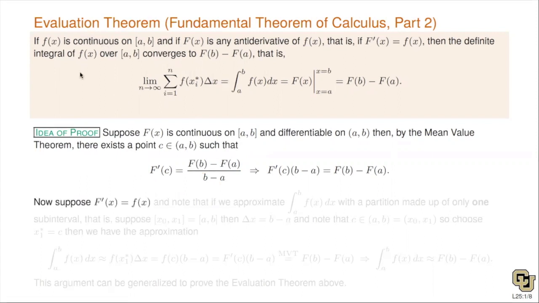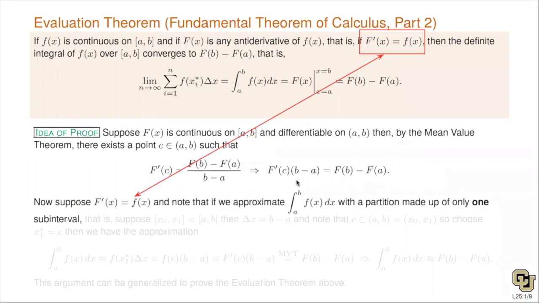So remember here, capital F is assumed to be an antiderivative of little f. So remember that capital F prime equals little f. Okay, that's what we're assuming here in this theorem. And so now let's approximate the integral from a to b of little f of x dx.